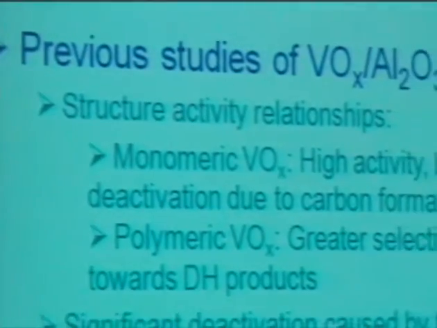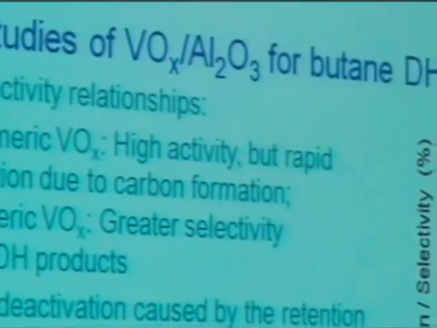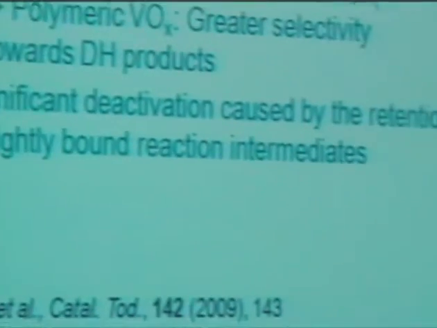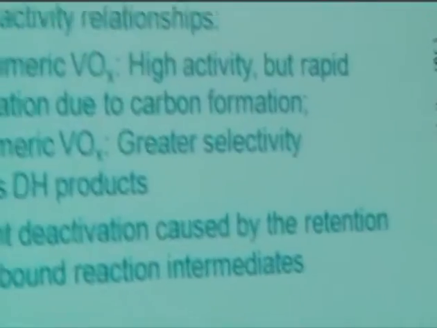Among the results that came out of that consortium were, for instance, the development of structure-activity relationships, identifying the role of individual types of surface vanadate species on your support and linking them to specific catalytic activity.